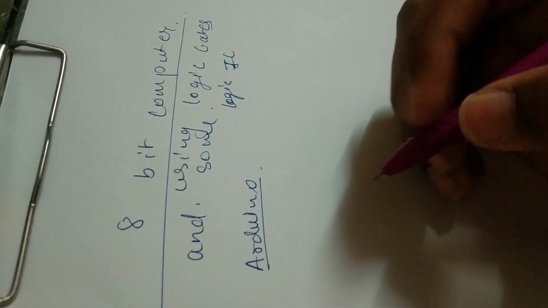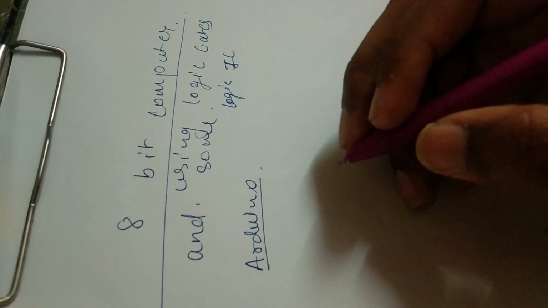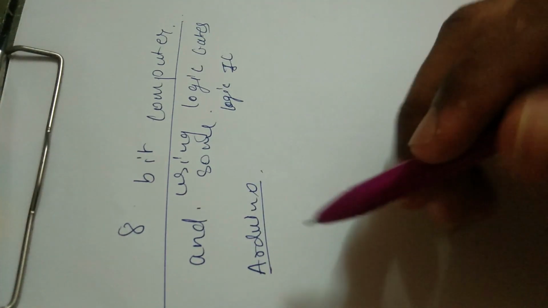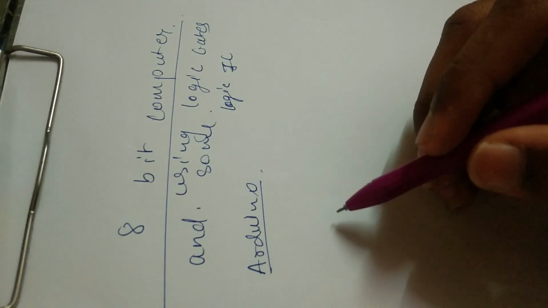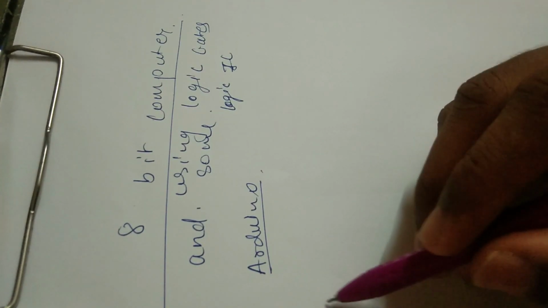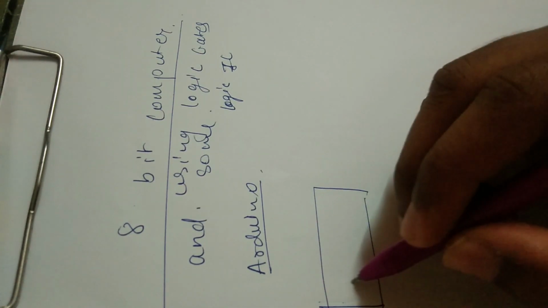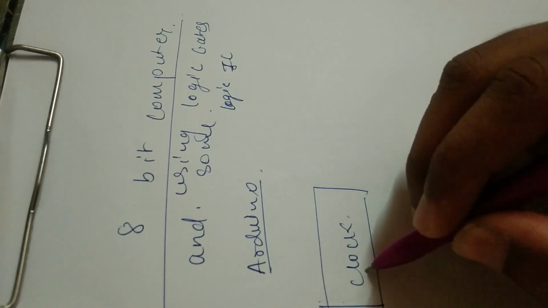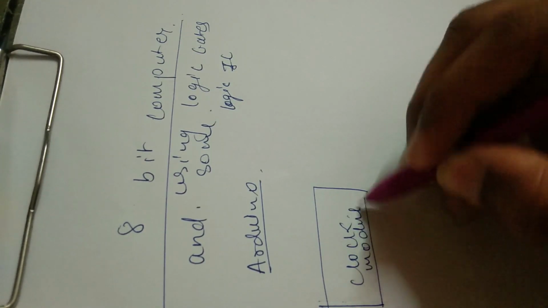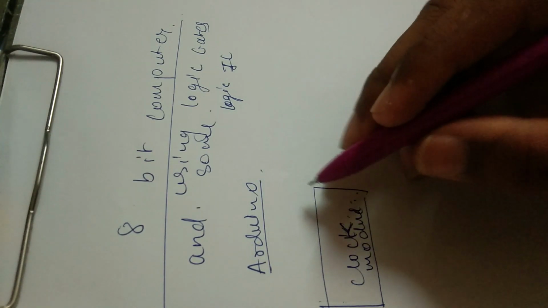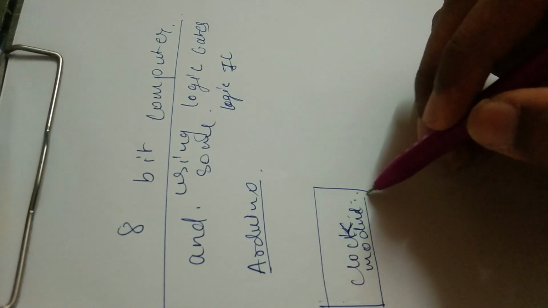So we'll be starting with a basic block diagram of the CPU, which we will be designing in the coming tutorial series of these videos. First, there will be a clock module. It is the most important block of the CPU, as each and every CPU could not work without a clock.